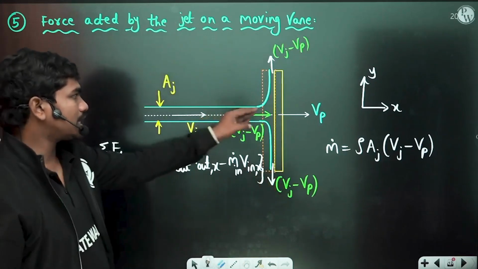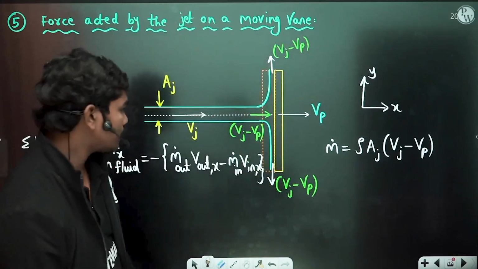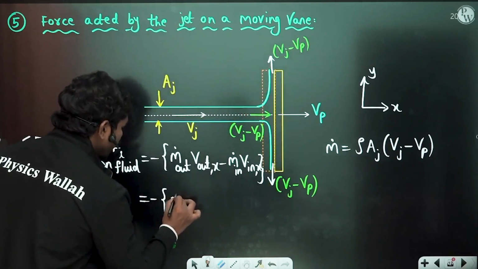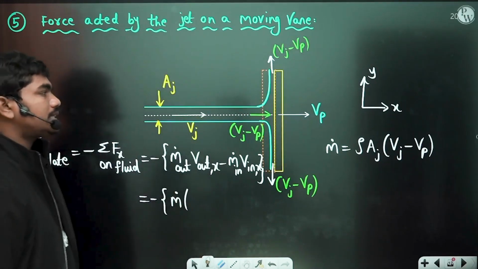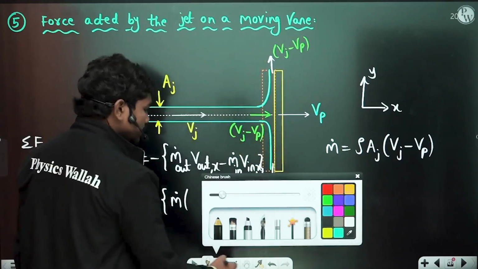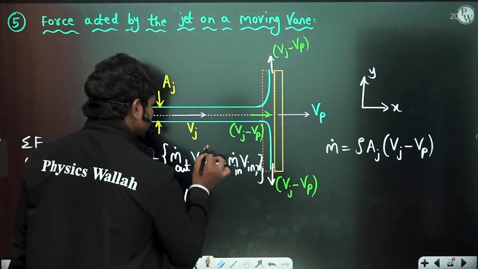Whatever mass is entering, the same mass should go out because it's steady state. So minus m dot times V out in the x direction. At the outlet, there is no velocity in the x direction, so this quantity is 0.